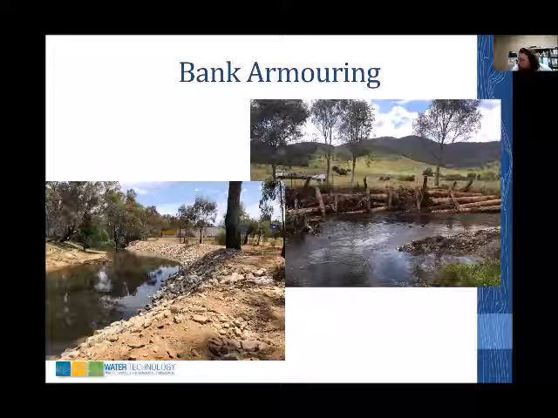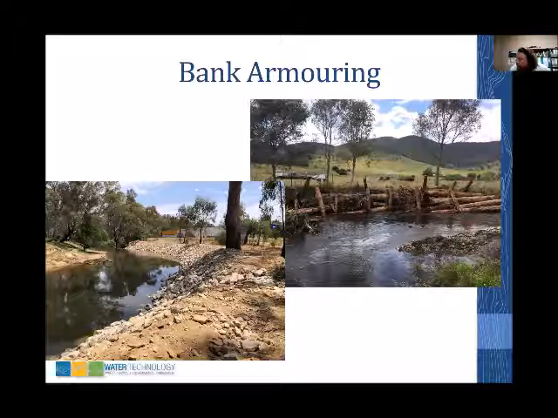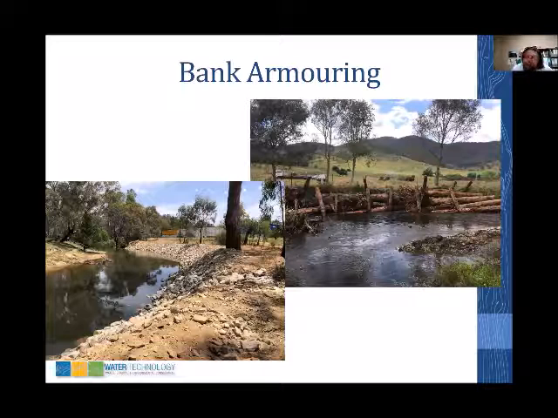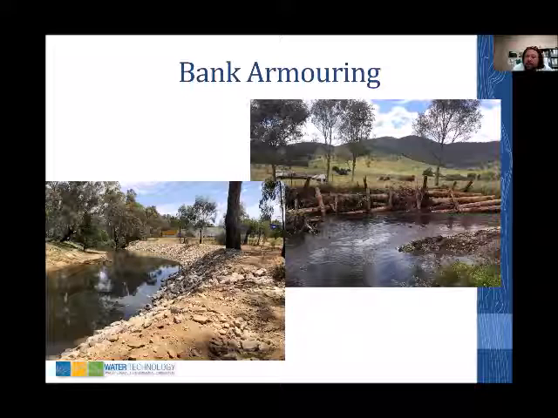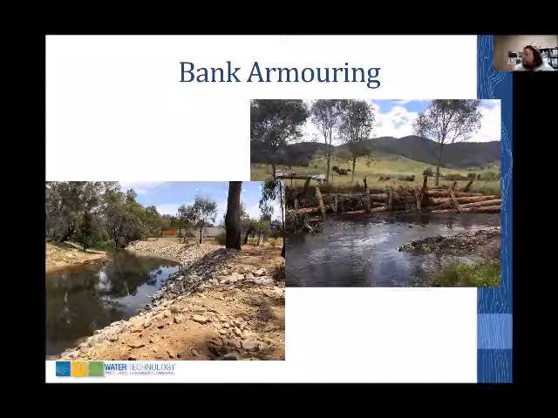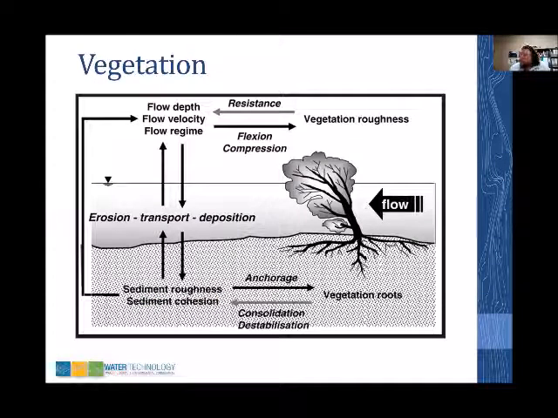The way it works in both instances is effectively it provides a physical barrier between the active, the moving water and the bank. And so the effectiveness is really dependent upon that good coverage of either rock or timber that provides that physical barrier. In terms of vegetation, vegetation is largely the most successful long-term and effective erosion control measure that we've got available to us.